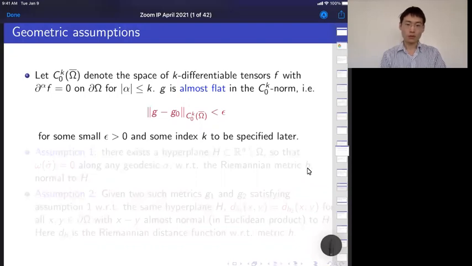Generally this K depends on the dimension of the space-time: as the dimension gets larger, K also becomes large.